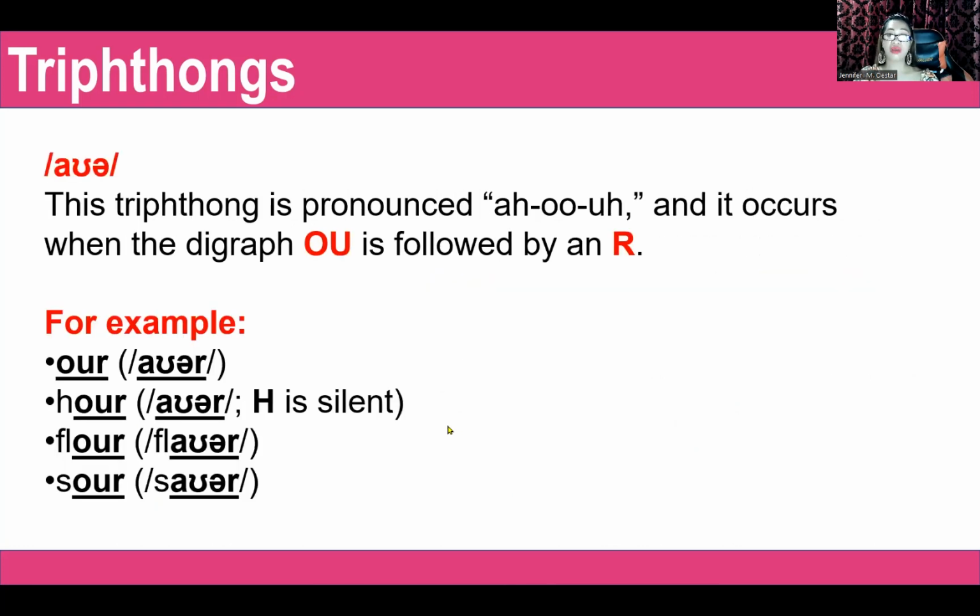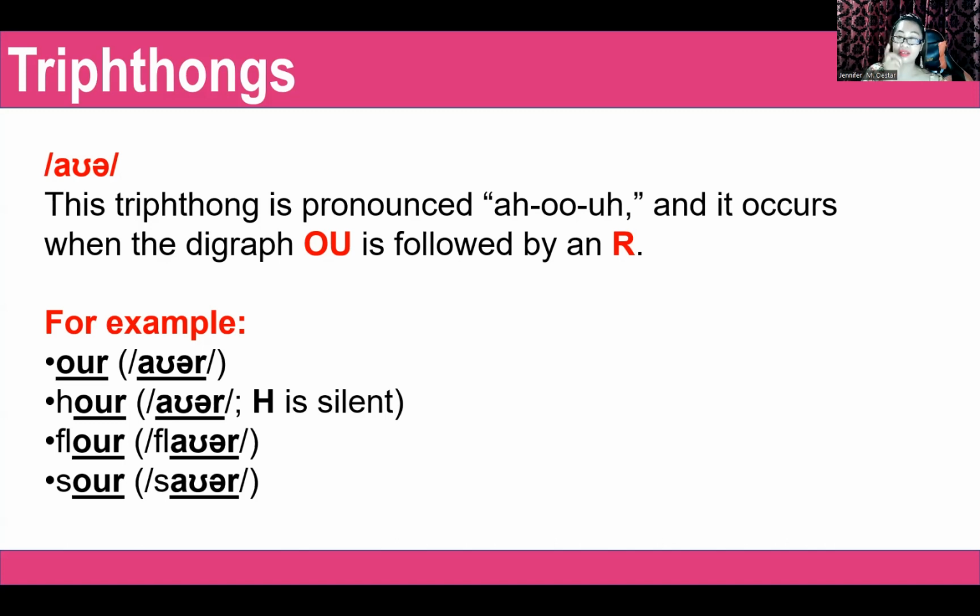So let's have the pronunciation for the following triphthongs. We only have three in our standard American English. This triphthong is pronounced as awa, and it occurs when the digraph OU is followed by an R. So there's a combination O-U-R, as in hour, flower, sour.